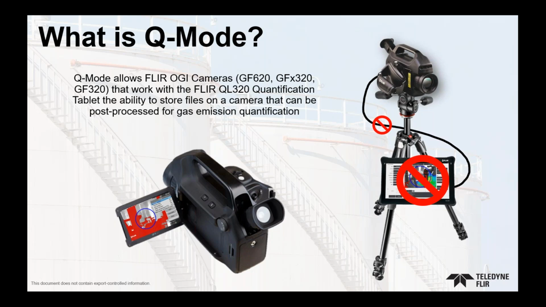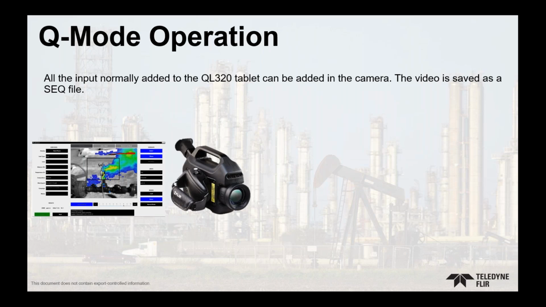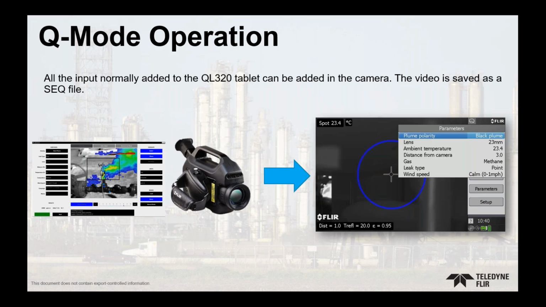Q mode is fundamentally a setting on the camera which will allow you to make a recording of a leak with all the metadata that can then be transferred to the quantification tool for post-processing analysis. And fundamentally, the advantage is that you no longer need to take the quantification tool into the field.